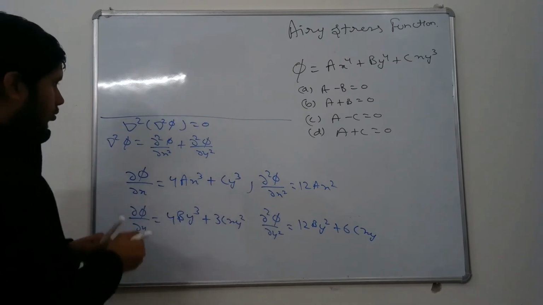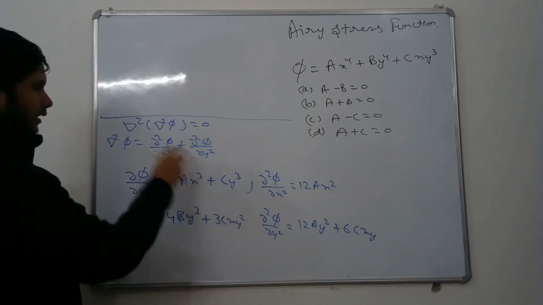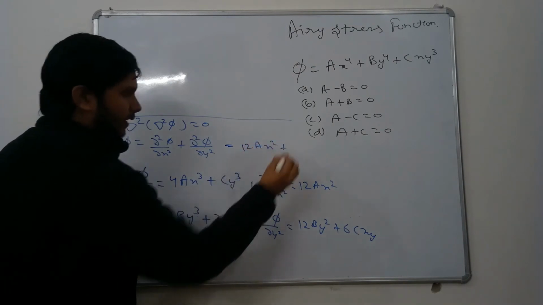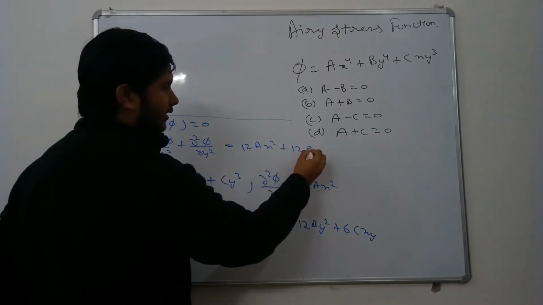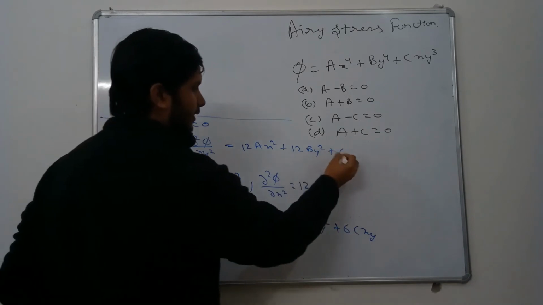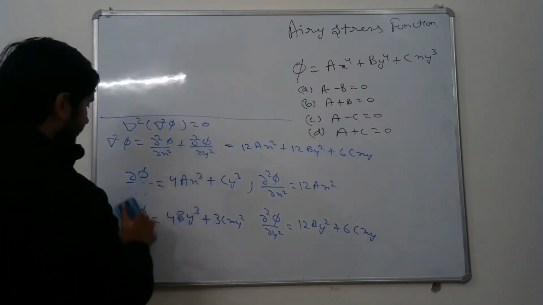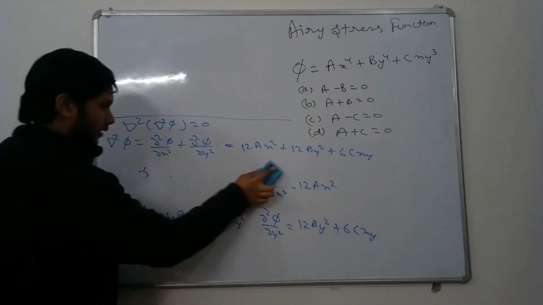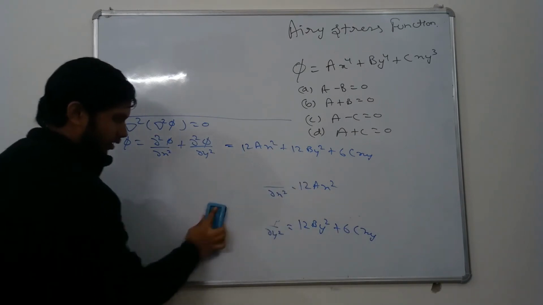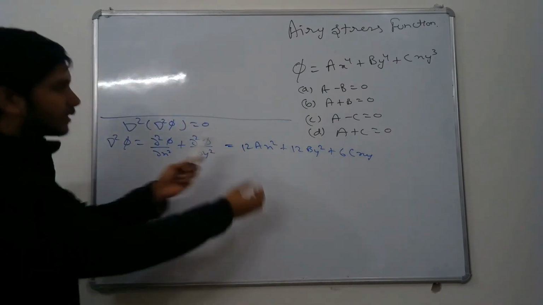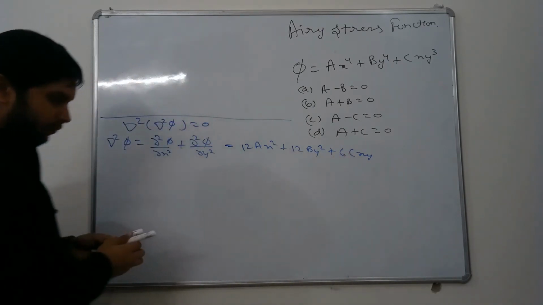Now we need only this. So del square phi is just the sum: 12a x square plus 12b y square plus 6c x y. Now we don't need the earlier steps, we got the value. Now we have to find del square of this.